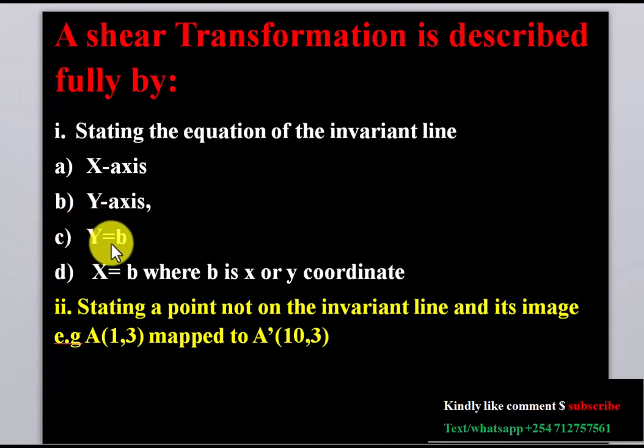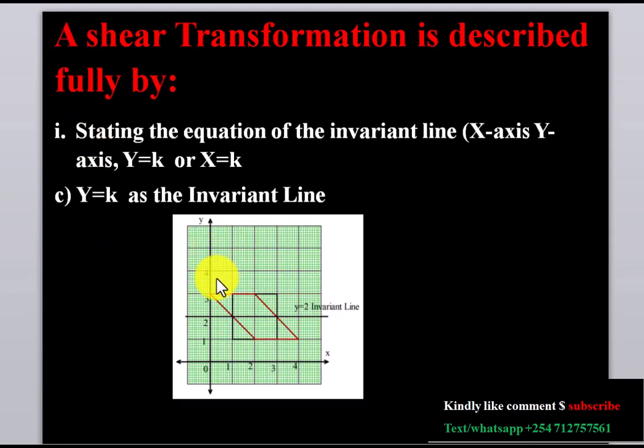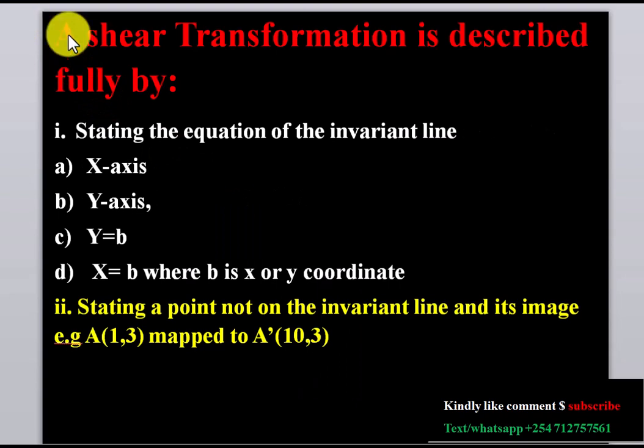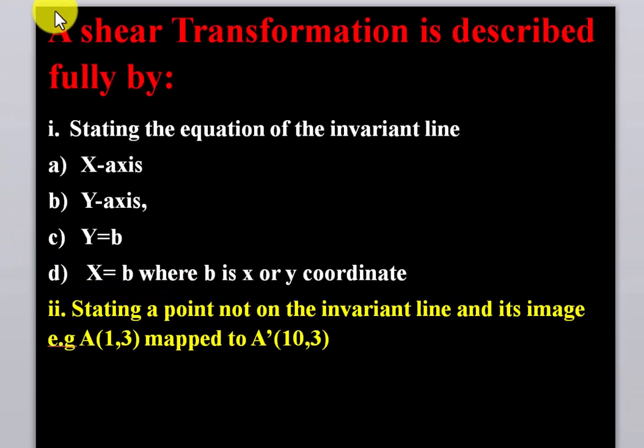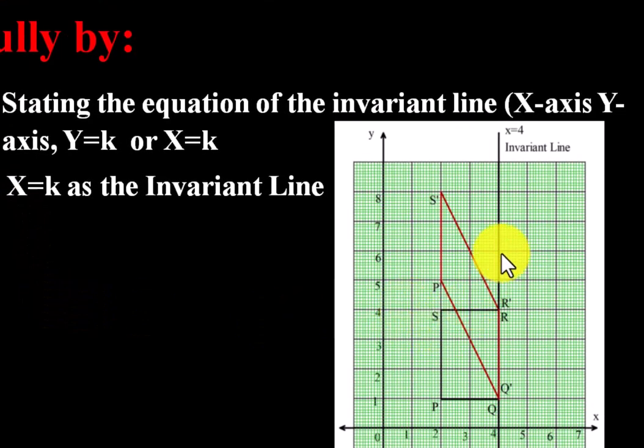C, y equal to b as the invariant line, where b is the y coordinate. And in a diagram, it will appear like this one. We have that one, and here y equal to 2 is the invariant line. D, x equal to b, where b is the x coordinate. And in a diagram, we have an illustration. This is x equal to 4 as the invariant line.